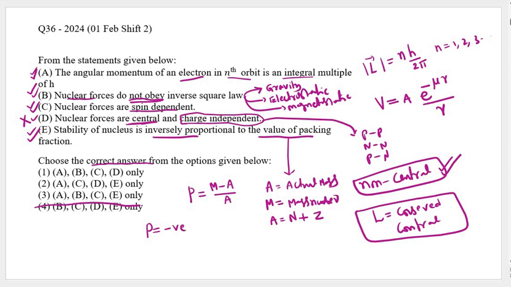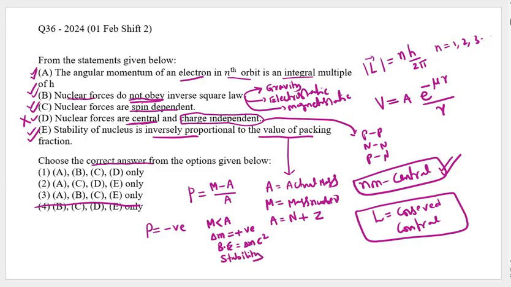M minus A is negative, M is smaller than A. That means there is some mass defect, which means there is some binding energy, delta M into C square. This delta M C square holds the nucleons together, and that gives stability.